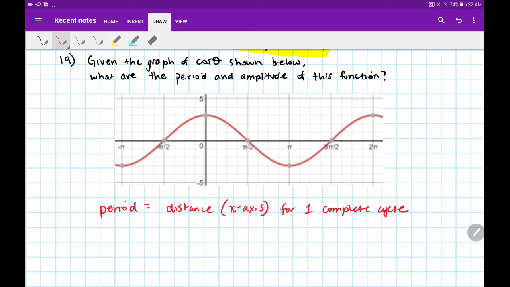Basically, how long does it take for this thing to repeat itself once? So the way I like to calculate the period is always to start at 0. So see where the graph is at 0. It's up here. Now let's see how long it takes to reach its original starting point.